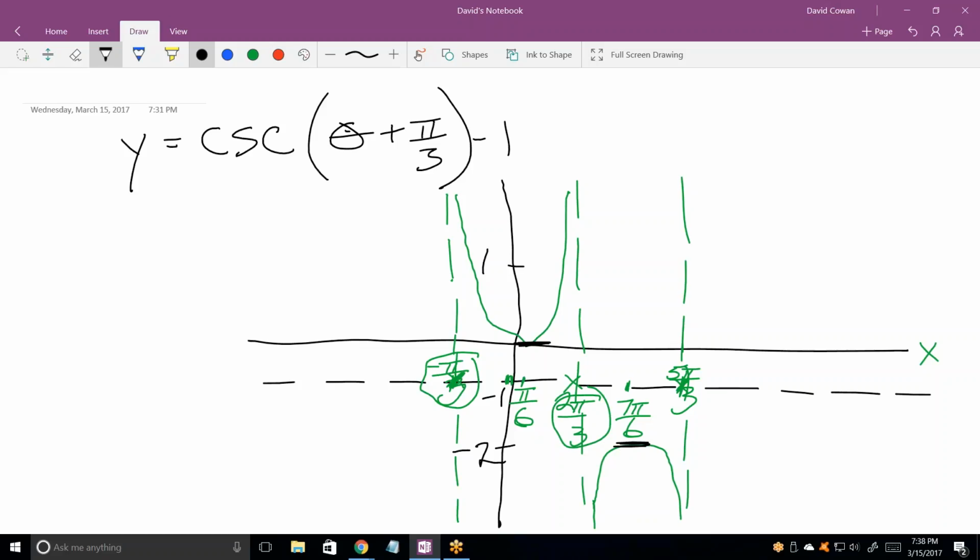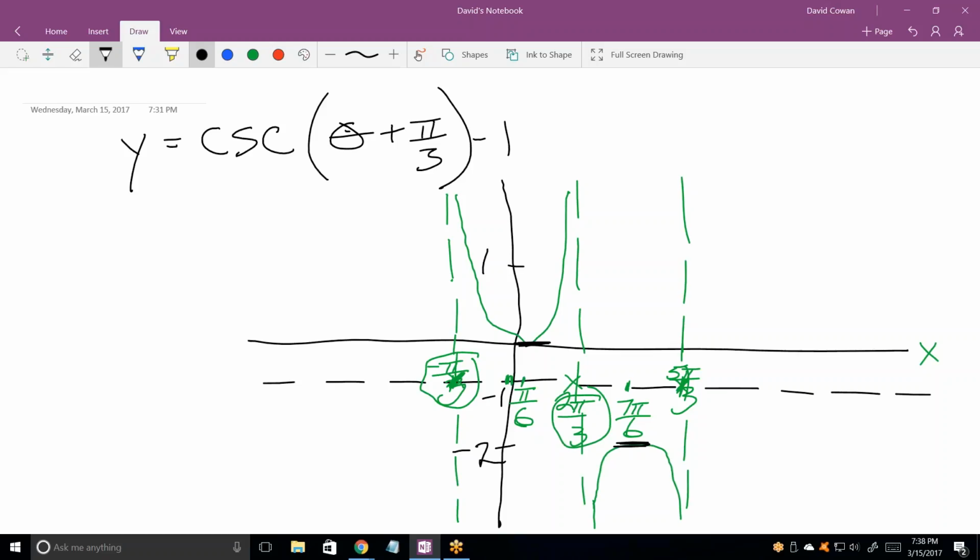And it's been phase shifted to the left by pi over 3. In other words, it's exactly the same as the red, only everything, and this is a horizontal shift. There's no change in shape. Because all I did was I took the entire red curve and I moved it left by pi over 3. And I got the red curve by taking the black curve and moving it down by 1. So really, I take my original black curve and I move it down by 1 and left by pi over 3, and that's how I get the green curve.